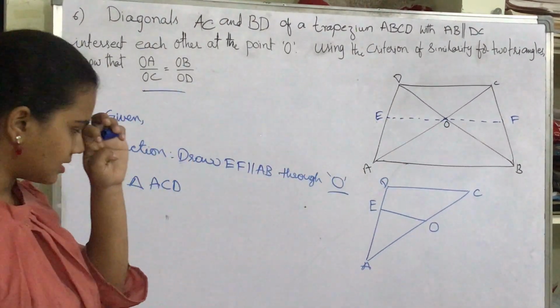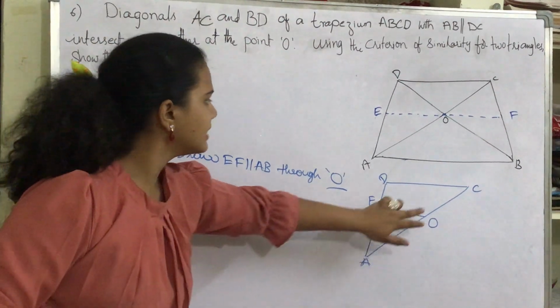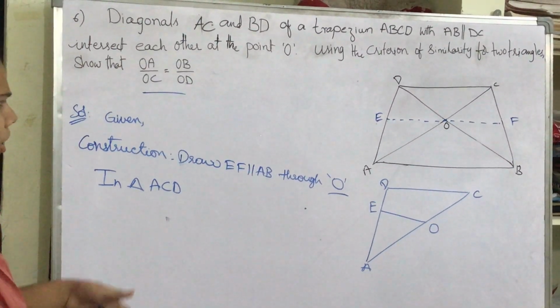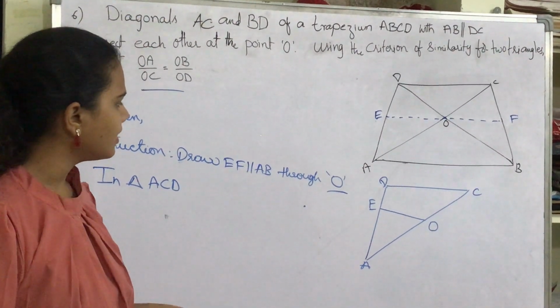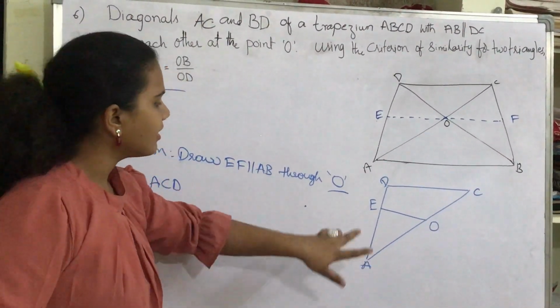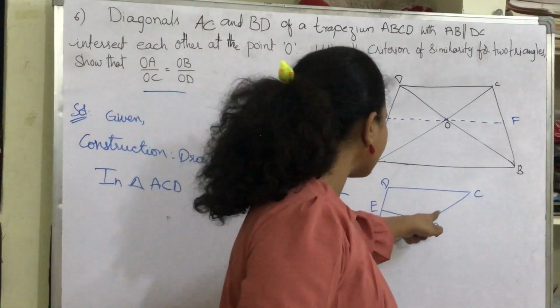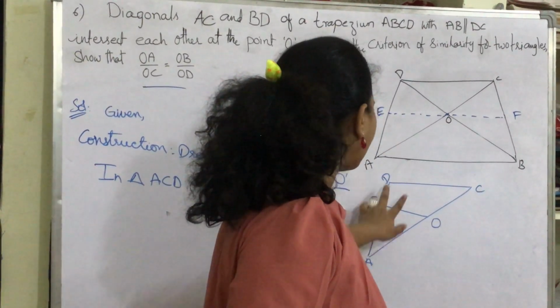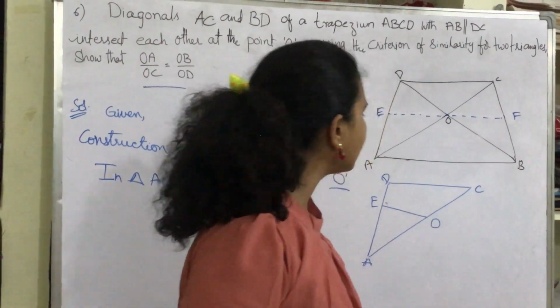So I have drawn this triangle ACD, where EO is parallel to DC. If you look into this figure, you can see triangle ADC where EO is parallel to CD.